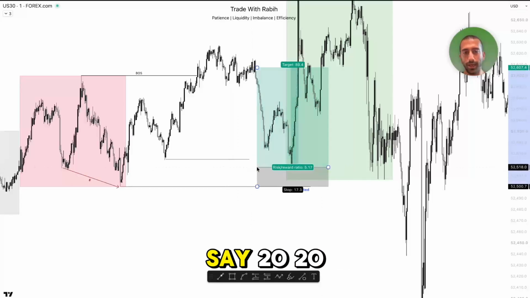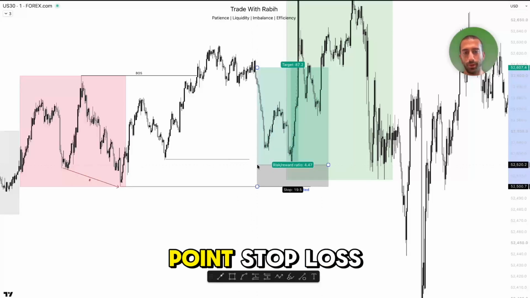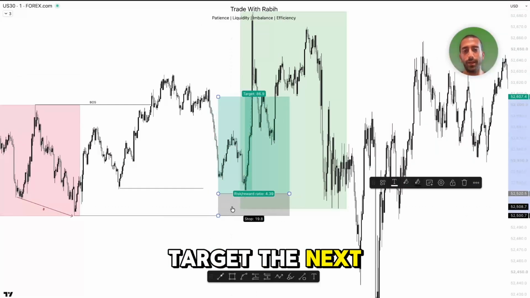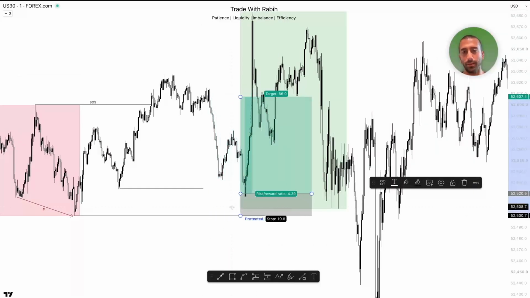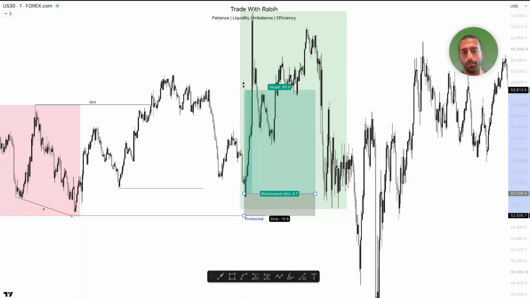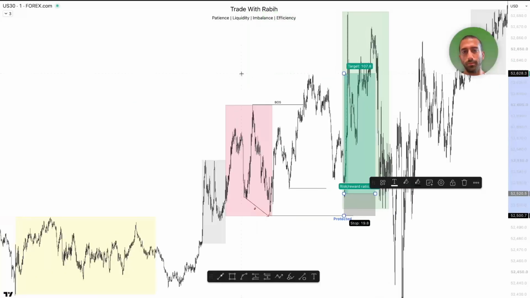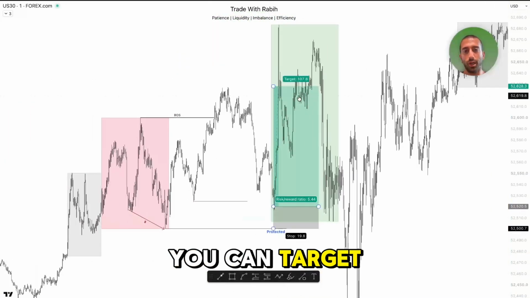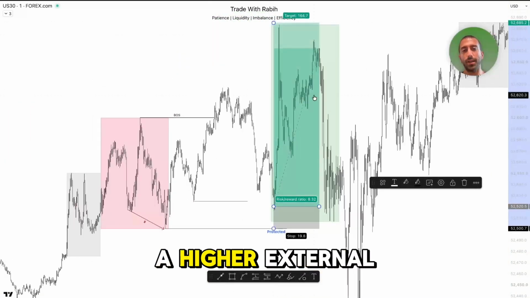Okay, so let's say 20 point stop loss. Okay, and what do you do? You target the next external. Or if you know where your objective is to the left, you can target a higher external.